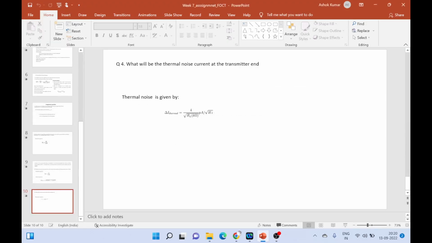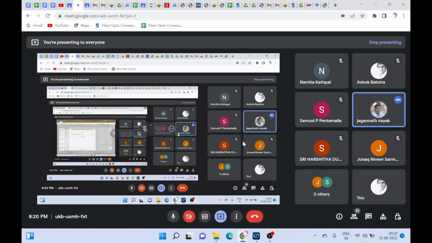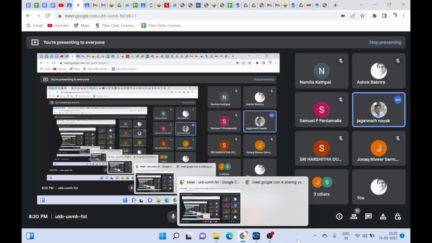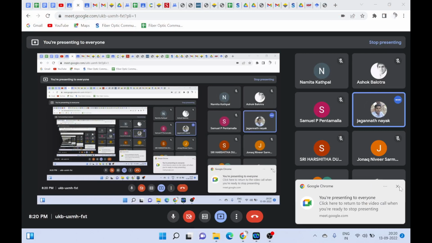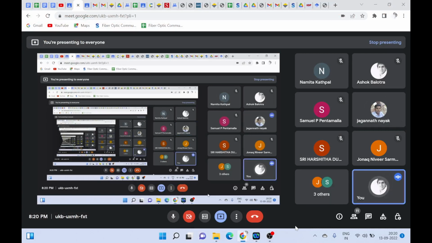Any doubt, anything apart from this? Any doubt in the assignment problem you have to given, like non-graded and graded type assignment? You need any hint or anything? I think Jonek have provided all the formula which is used to solve that assignment.